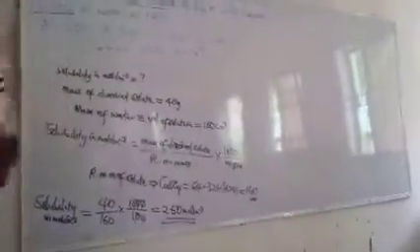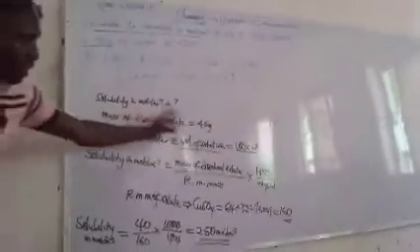Mass of dissolved solute is given. See, mass of water. Check. The mass of water is the same thing as the volume of solution, which is 100 cm cube. So we use this formula, and let's plug in all the parameters.